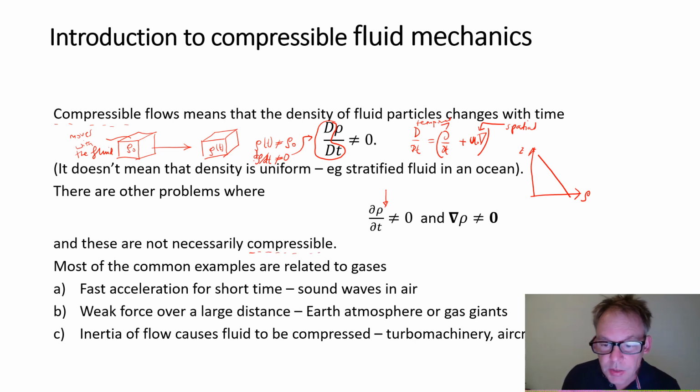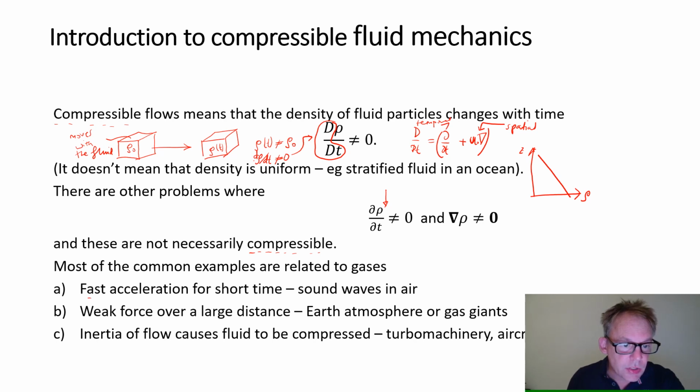Now, how do we change the density of something? Well, if we're going to squash something, we're going to apply a force to it. That force might be applied rapidly over a short period of time, for instance, if we're accelerating air to create sound.